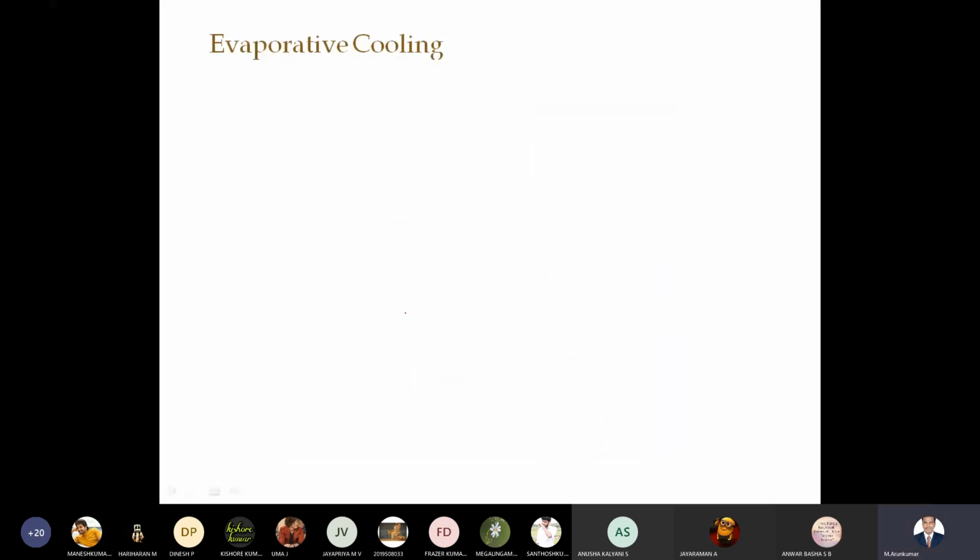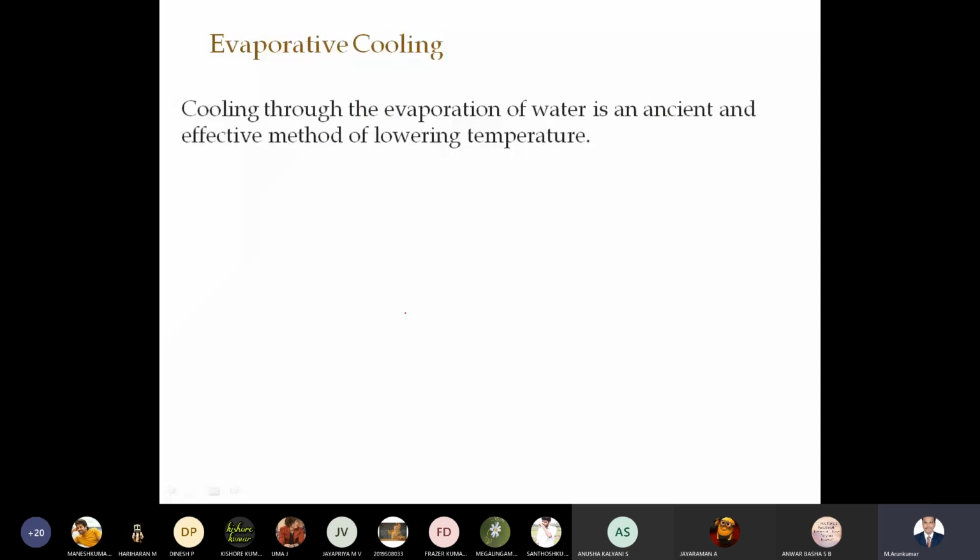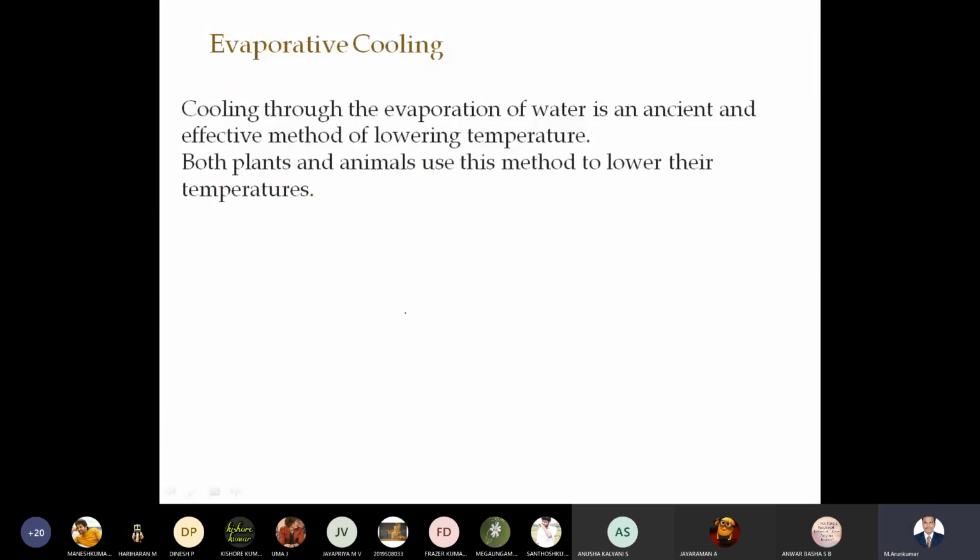Then we know evaporative cooling. The cooling through the evaporation of water is an ancient and effective method of lowering temperature. For example, both plants and animals use these methods to lower their temperatures. So there is a term, evaporative cooling, that happens in both plants and animals in our real-time applications.